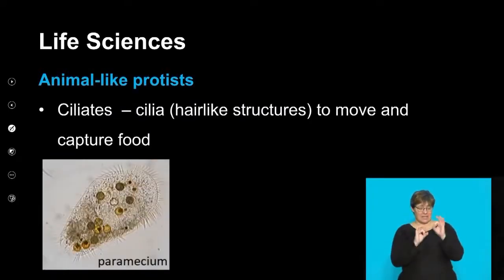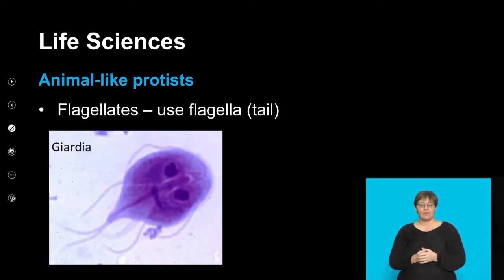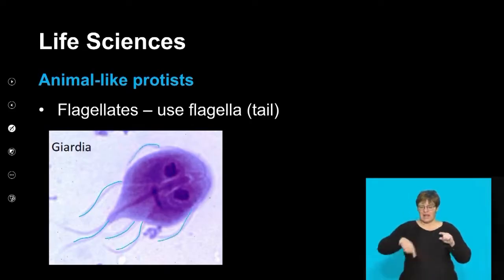These guys over here are called ciliates. Now these little cilia are hair-like structures. So they move, they vibrate, and because of that, those guys can swim. Those are your ciliates. These are your giardia. Now your giardia, you can see, they've got these little flagella, little tails as well.